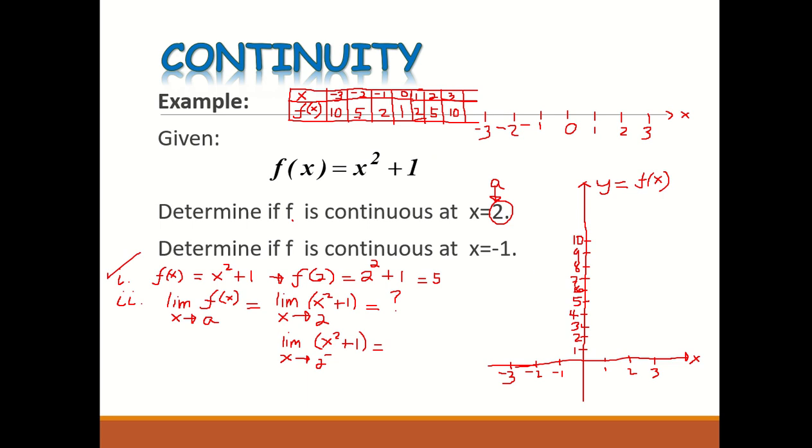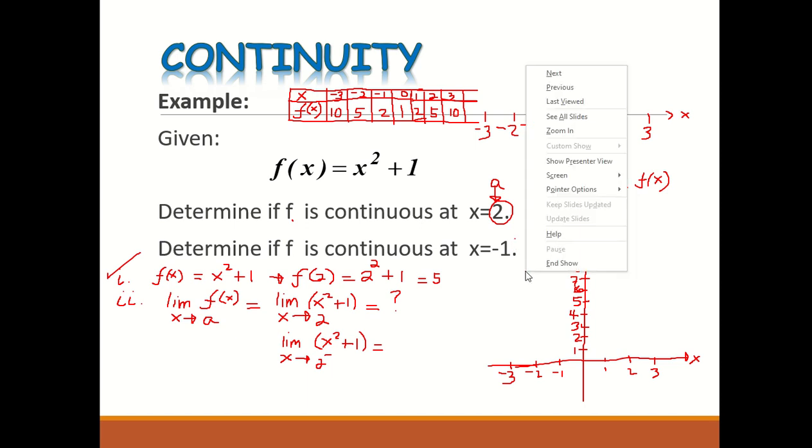Alright, so let us plot the points. If x equal to minus 3, our f of x equal to 10. Okay, from minus 3, you just extend a line, just go 10 times upward. Alright, so this is now our point. Okay, I'll change the color.